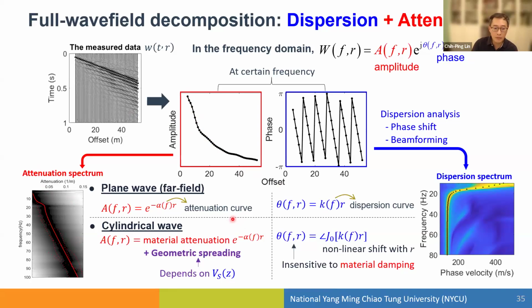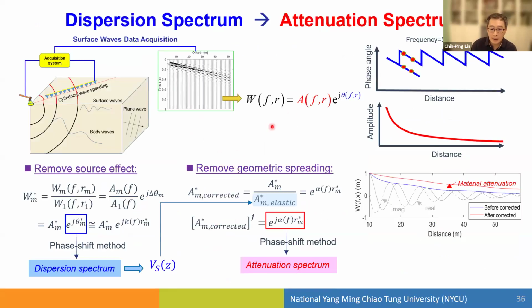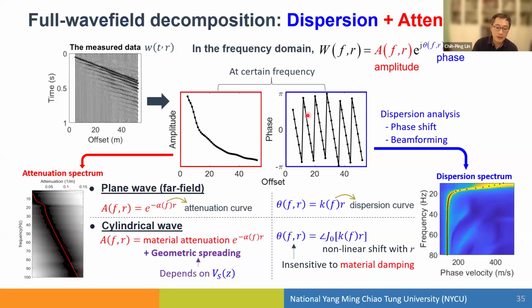If you have a plane wave, the phase angle is related to wave number times distance, and the attenuation is an exponential decay with distance, right? So what we can do is take the amplitude.